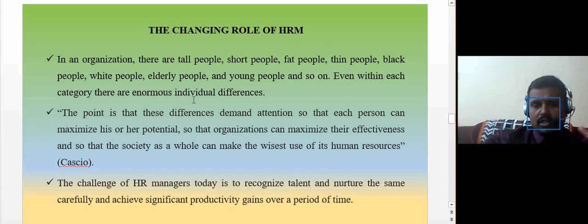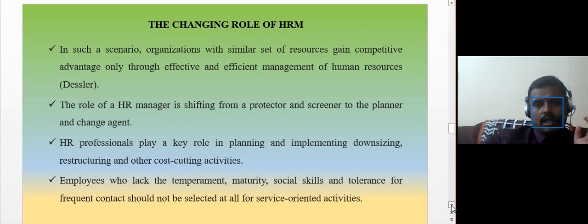And the last one is the challenge of human resource managers. What challenges are they facing in their jobs nowadays in order to identify the right talent, the people who produce productively and gain significantly over a period of time? The role of the human resource manager is shifting from a protector or screener to a planner and change agent.